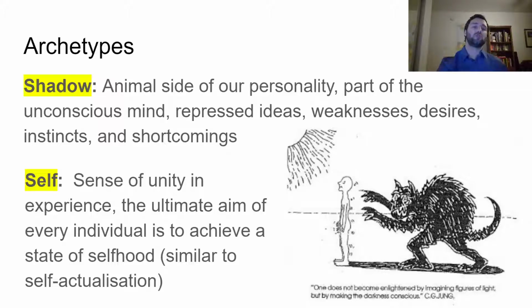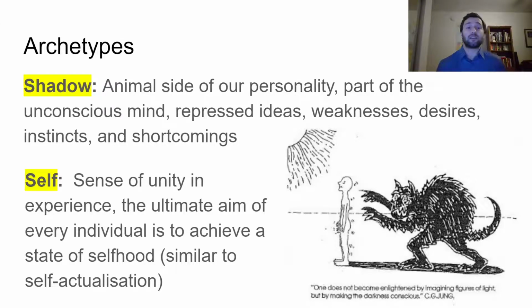Notice, though, it's not just aggression and sexual desires, right? It's things that we repress, it's weaknesses, it's instincts, it's shortcomings. It's kind of like all of these negative aspects of who we are. That's the best way to think of it. It's negative, impulsive things that are repressed down underneath.